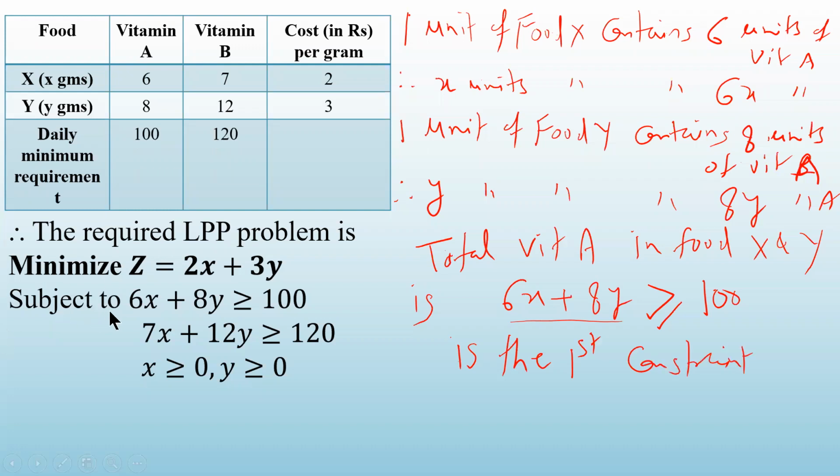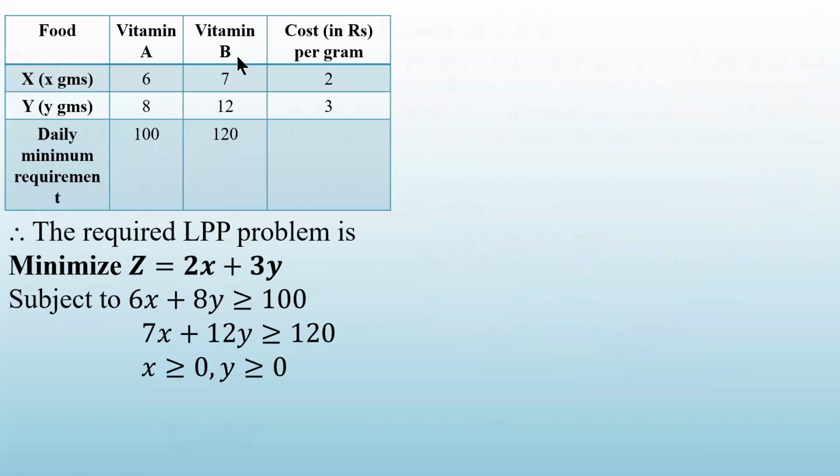Look at here, I have written subject to 6X plus 8Y greater than or equal to 100. So this is the first constraint. In a similar way you can find out the second constraint. Look at now vitamin B. Whatever we have done for vitamin A, similarly you do it for vitamin B to get the second constraint. Look at the table. 1 gram of food X contains 7 units of vitamin B, that is what is given to you.